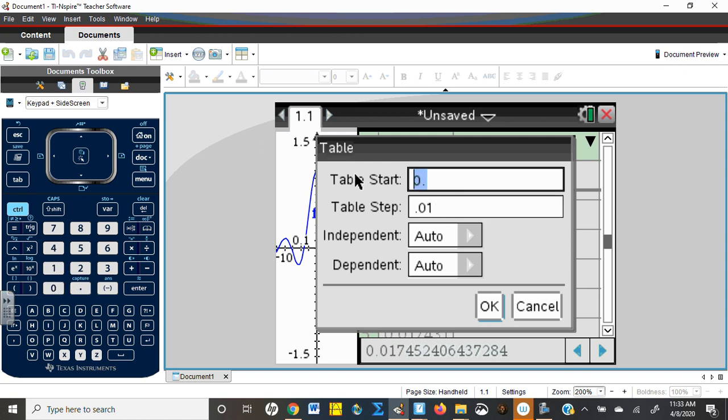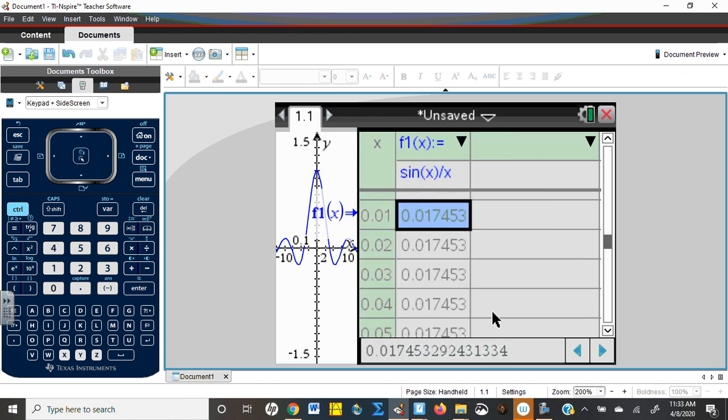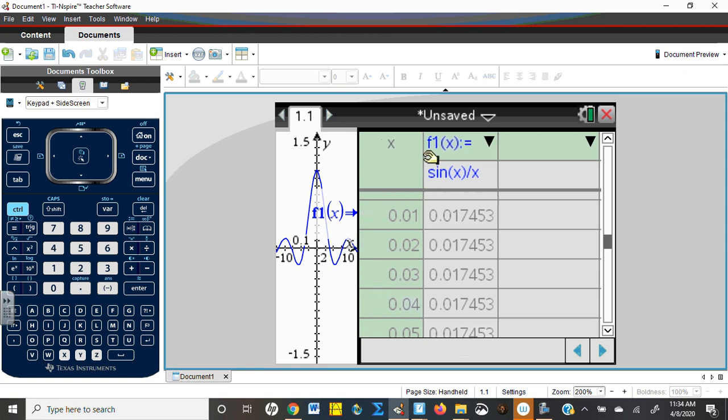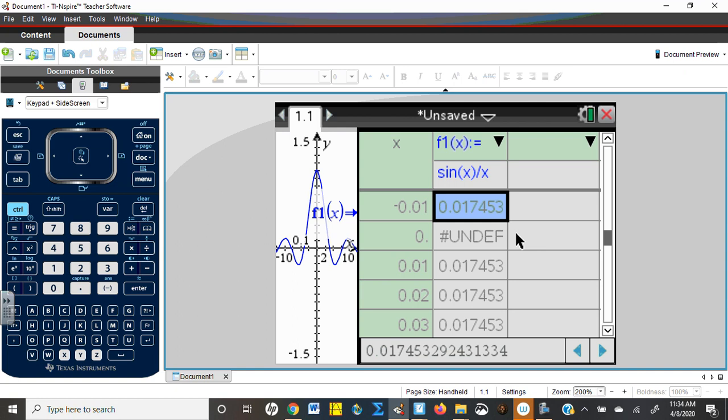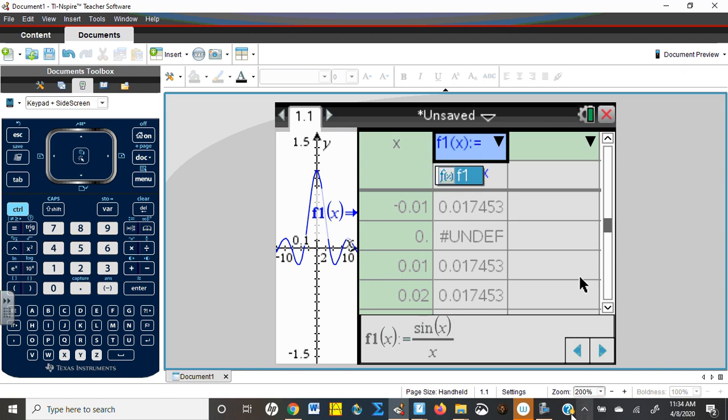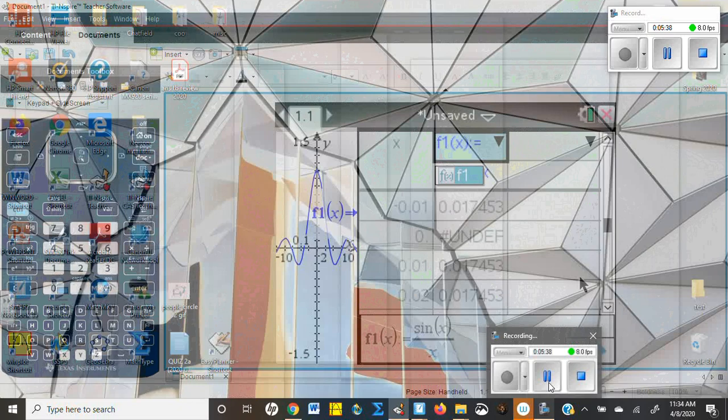Okay, and let's expand it a little bit. And we should be zooming in on 1. Now it looks like we're not, so I'm guessing that I may not be in the right mode. It's kind of weird. Let me check that out for a second.